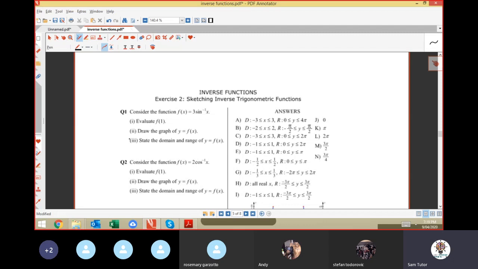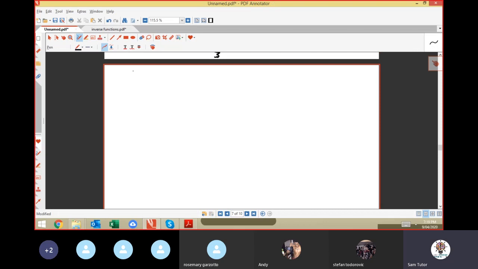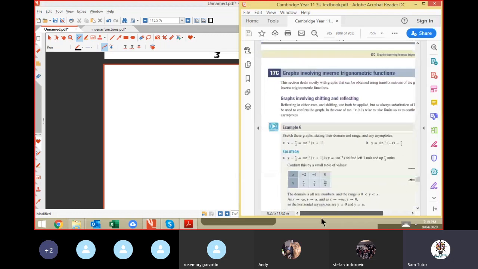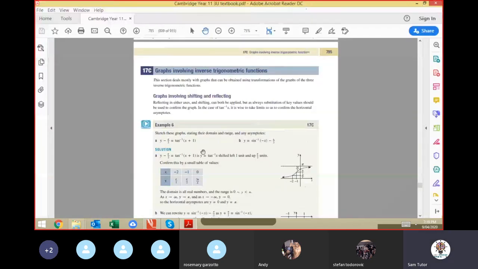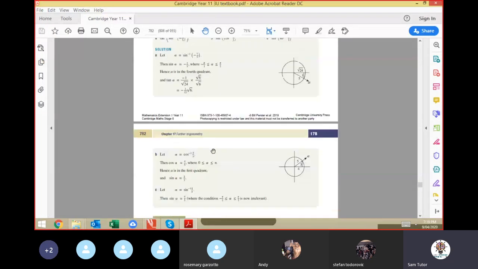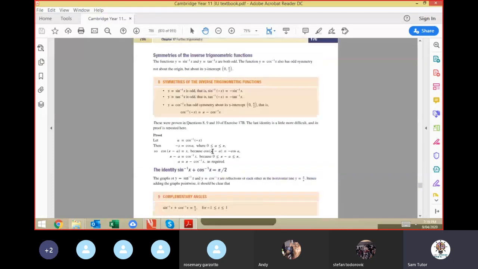Okay. Last bit, actually sketching your inverse functions. So first thing we need to do is learn how they look.